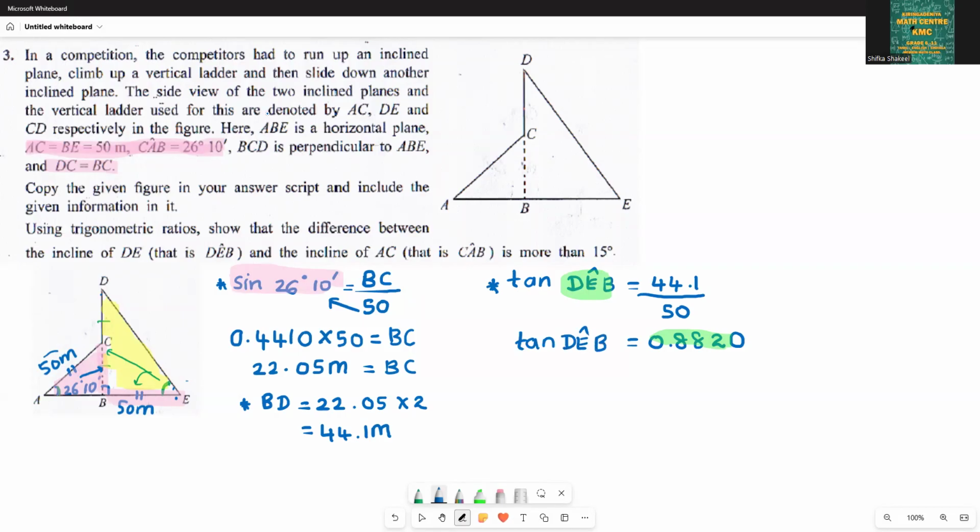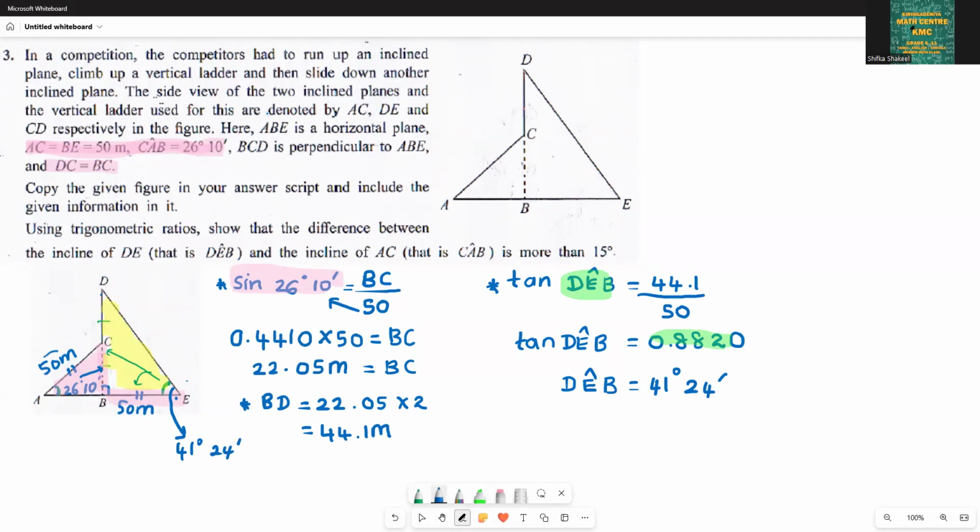We have to check the inverse tan of this value in the tan table. Tan DEB equals 0.8820. If you check, the value you will get is 41 degrees 24 minutes. That is the value of this angle, 41 degrees 24 minutes.